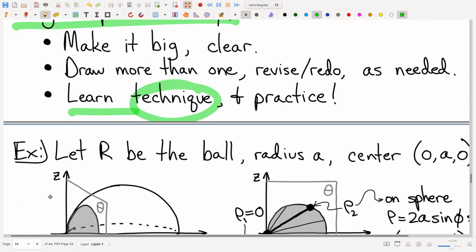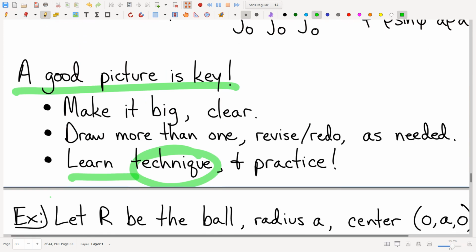Videos, plural. So please make sure to learn the techniques and practice. Again, this is a chops kind of a thing. You need to put in some time and practice, and I certainly did when I was in college. I put in a lot of time practicing drawing just so that I could do this kind of thing better.